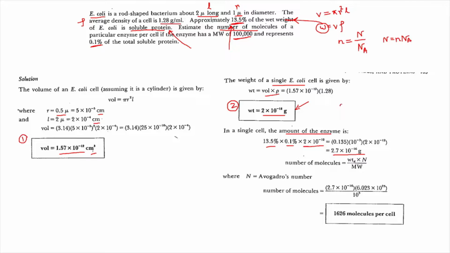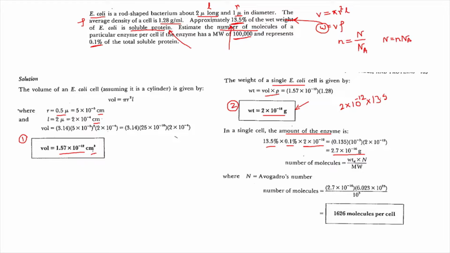So what was our total weight? This was our total weight, 2 × 10 to the power of minus 12 gram. All right, this was our total weight that we have calculated. They have told us that 13.5% of the total weight is the weight of the soluble protein. So you multiply it by 13.5%.